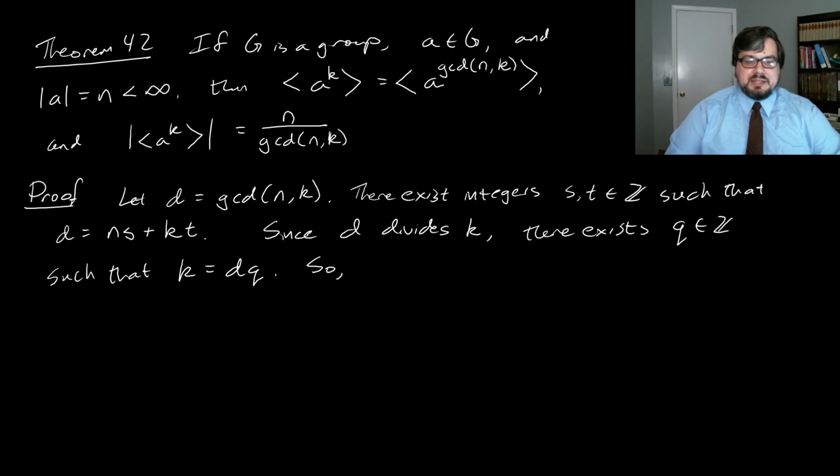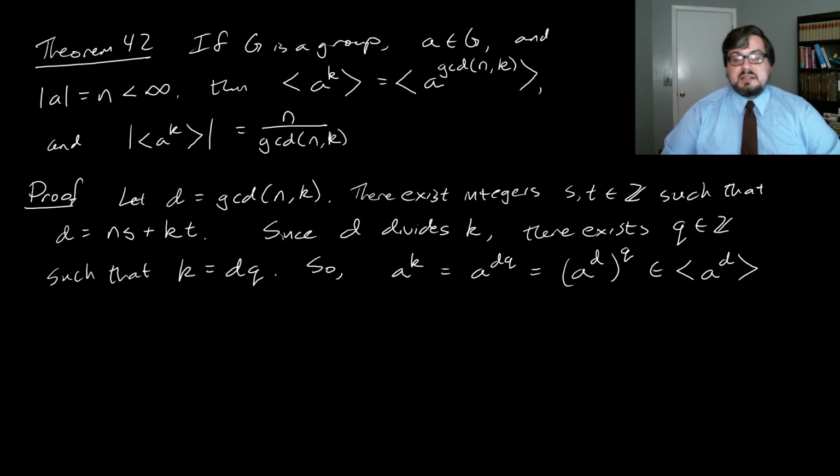So this means that a to the k is equal to a to the dq, which is the qth power of a to the d, and that belongs to the cyclic subgroup generated by a to the d.